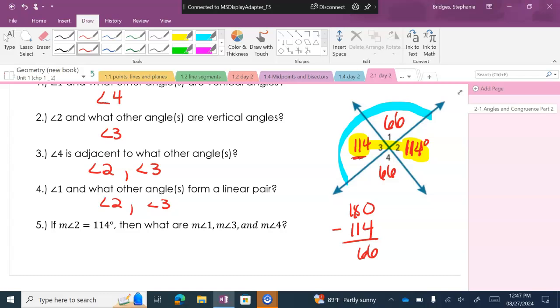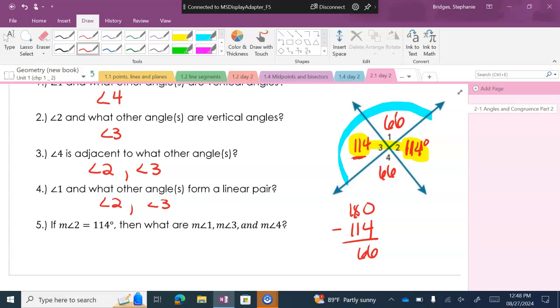Okay, let's look at 5. These two angles, are they a linear pair or are they vertical? They are a linear pair.